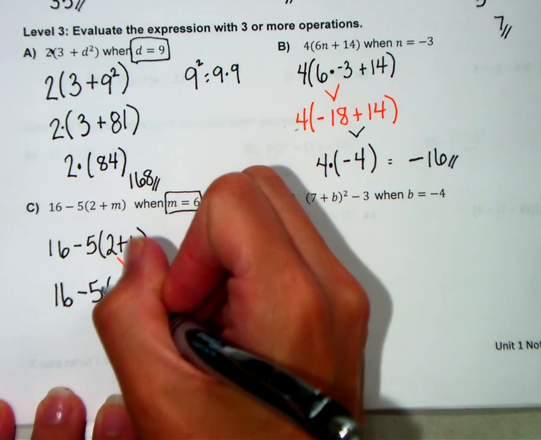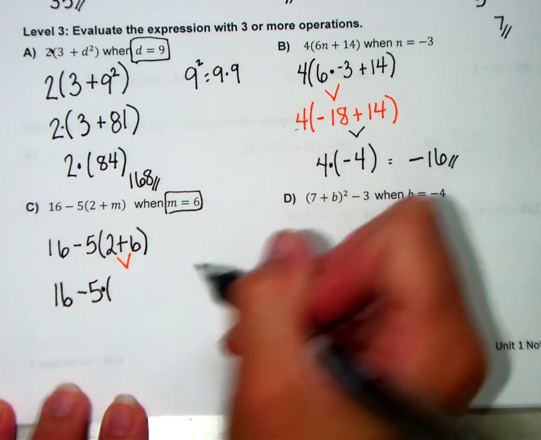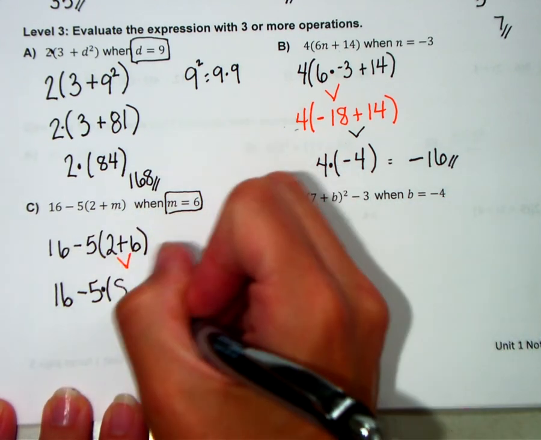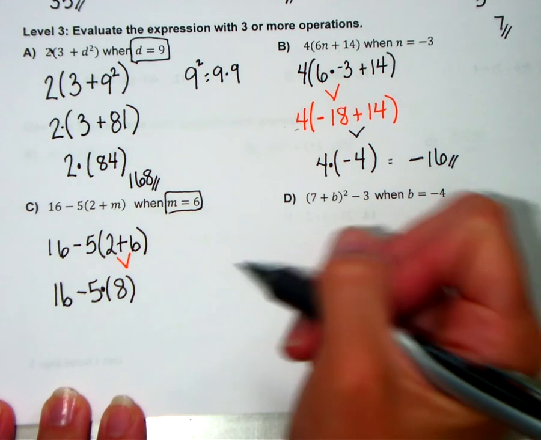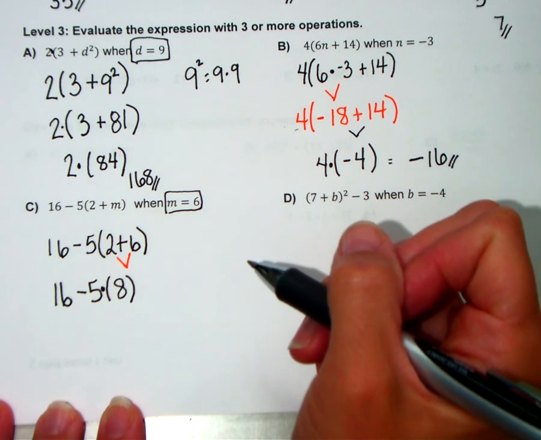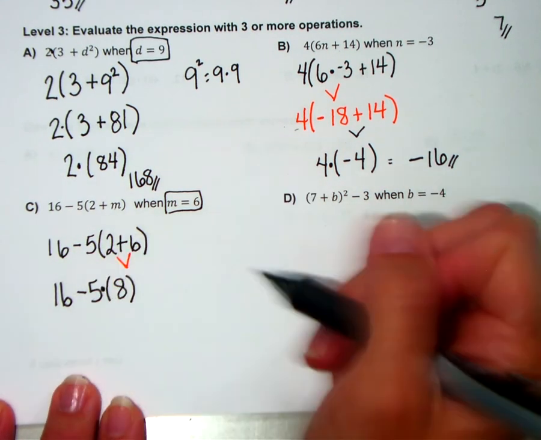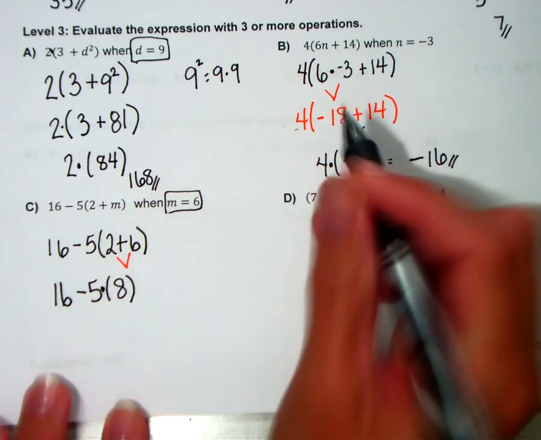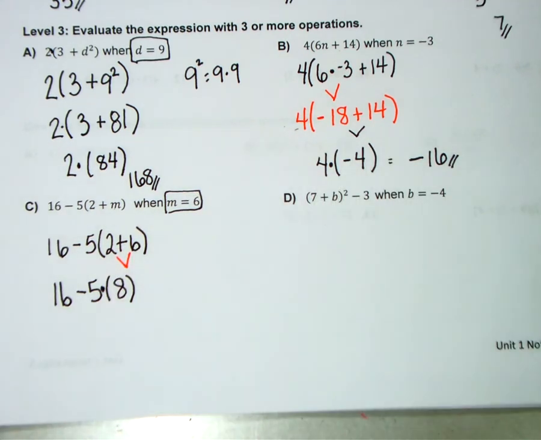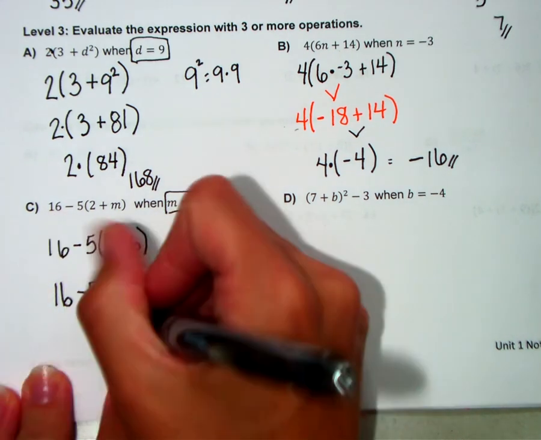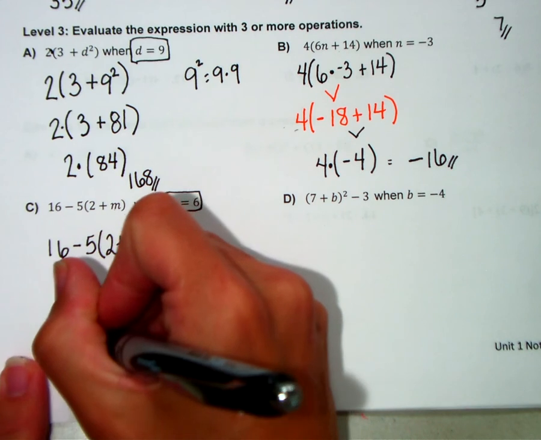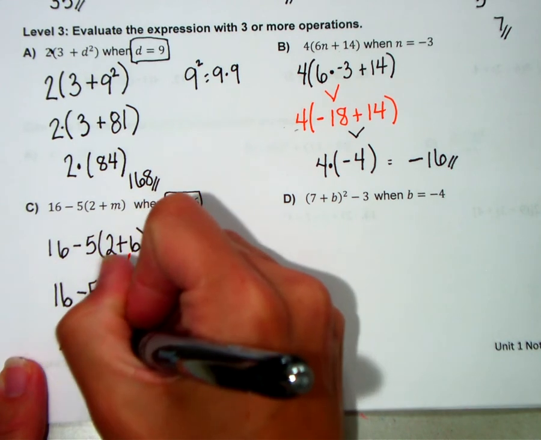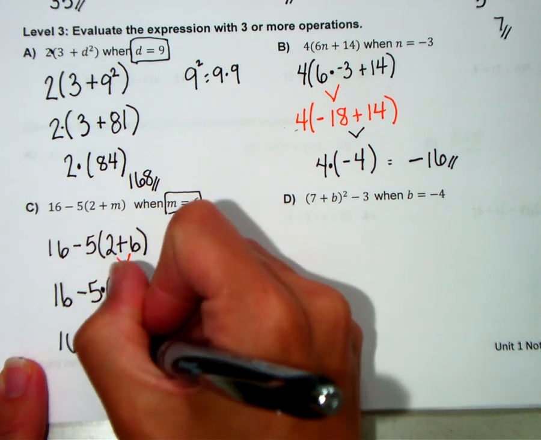Now that's, again, that's times. 2 plus 6 is 8. 5 times 8 happens before you do the subtraction. So I know it's really tempting to go 16 minus 5 is 11, but we don't want to do that yet. Okay, we want to do this multiplication first. So that's 16 minus 40.